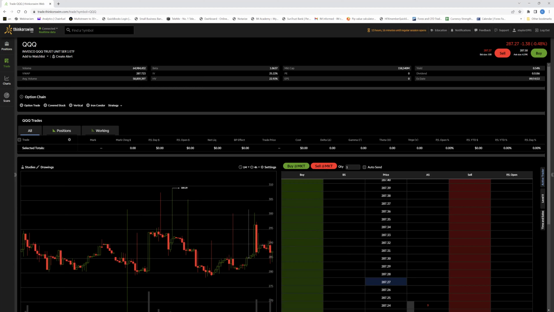Now the first thing you want to do is come up here and type in whatever stock, if it's Apple, whatever stock you want. For smaller accounts, and what we're starting off with for those who are new to the group, is QQQ and SPY.